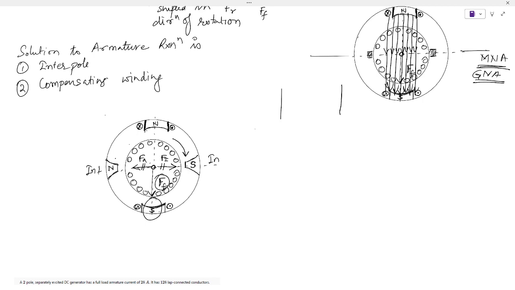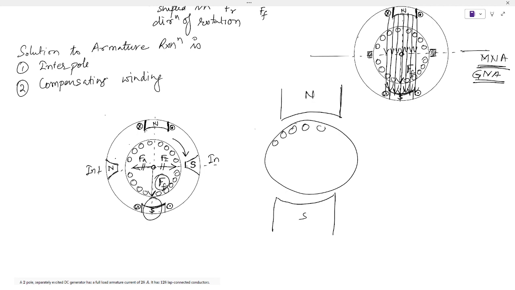Compensating windings are embedded in the field poles, such that suppose when the machine was rotating, when this was north and this was south, the above set of conductors were cross.